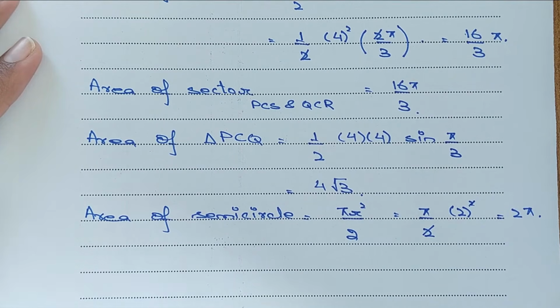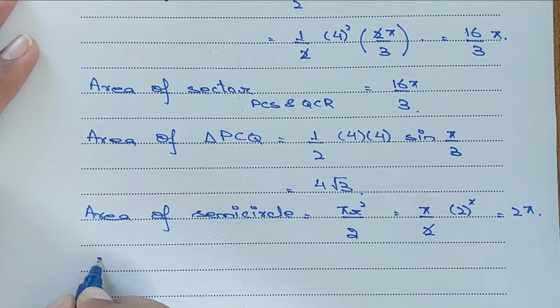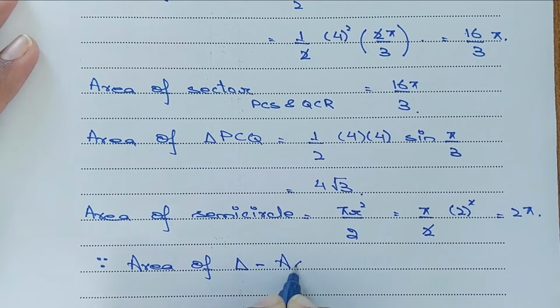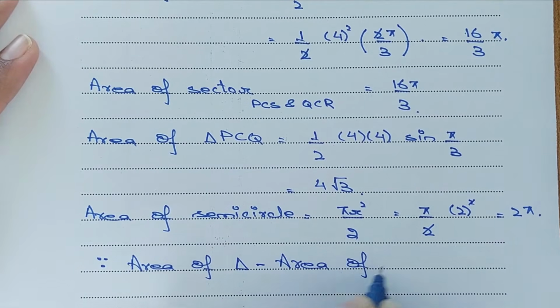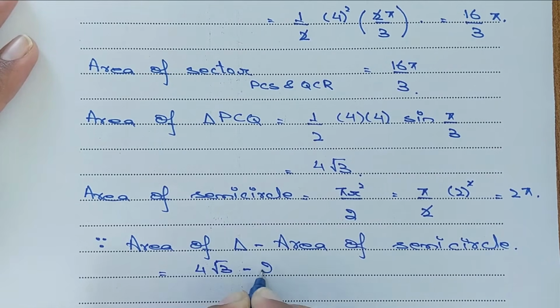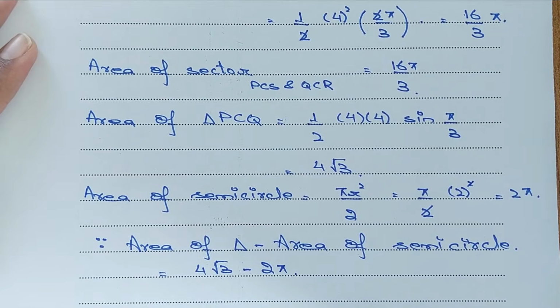So from here, area of triangle minus area of semicircle, right? So this would be equals to 4 square root of 3 minus 2 pi, right?